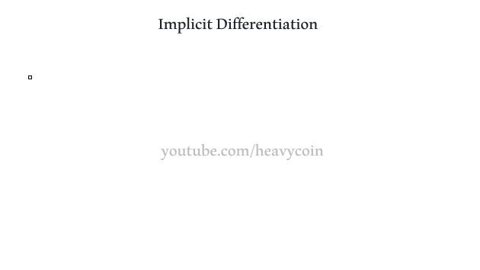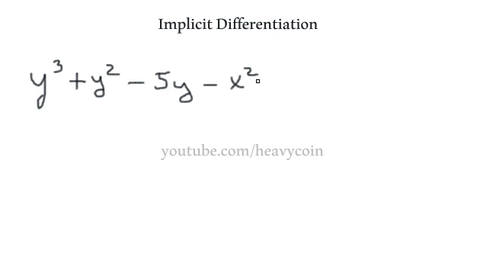Alright, this time we'll work a little bit longer one. Let's say, for example, we had y cubed plus y squared minus 5y minus x squared is equal to negative 4, and we want to find dy over dx. Okay, I want to find out what that is. So here it is.